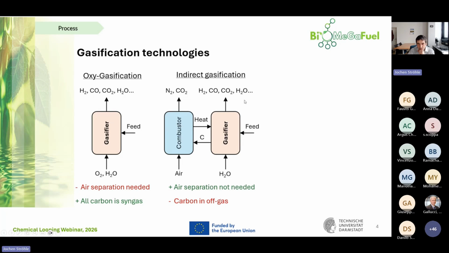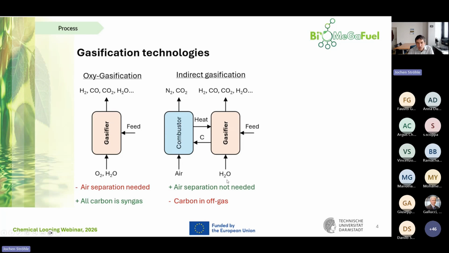So we need some oxygen that is combusted to produce energy to gasify the rest of the material. In indirect gasification, this energy is not converted in the gasifier itself, but in an external combustion chamber, and the heat is transported using an inert material. This can be sand or any other; usually olivine is used in such systems to transport the heat into the gasifier.